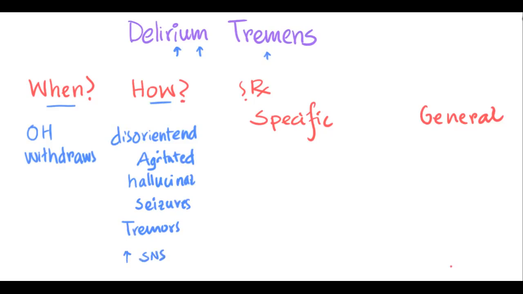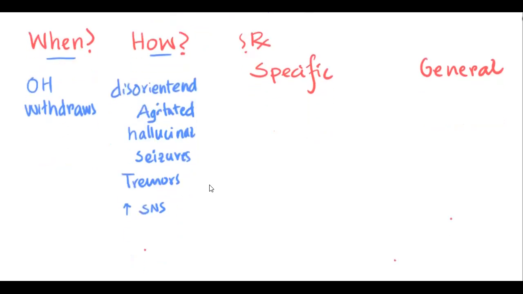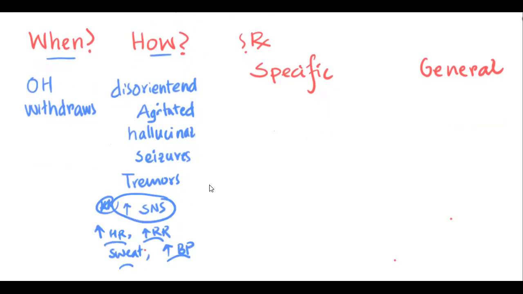So the patient will have tachycardia, tachypnea, and sweating. So increased heart rate, increased respiratory rate, and sweating. And sometimes the patient can have a high blood pressure. So tachycardia, tachypnea, sweating, and hypertension. All of those are commonly related with the hyperactivation of the sympathetic nervous system.